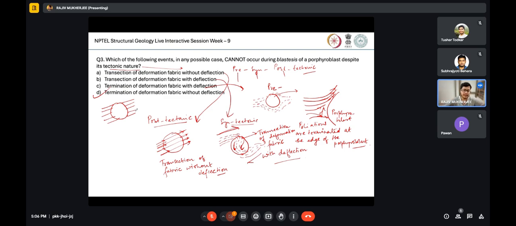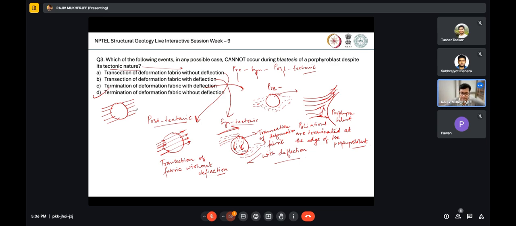So what kind of thing is it? Even if it is not a blast, even if we consider it as a clast, given its competency contrast, if it behaves as a rigid particle during deformation, this clast would rotate, and eventually you will get termination with deflection, right?